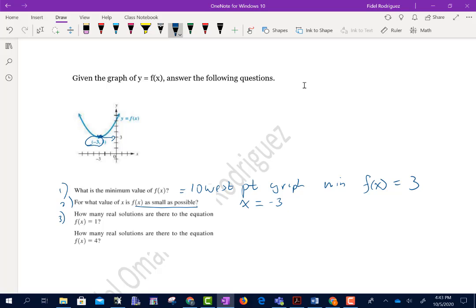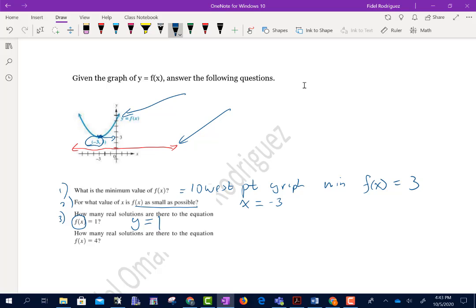All right, the third question says, how many real solutions are there to the equation f of x equals 1? So guys, just a reminder, f of x means the same thing as y. Okay, so if I were to go here to where y equals 1, here's y equals 1. If I were to draw a horizontal line, what I would then ask you is, okay, does this graph here hit that line? And we would say, obviously it doesn't.